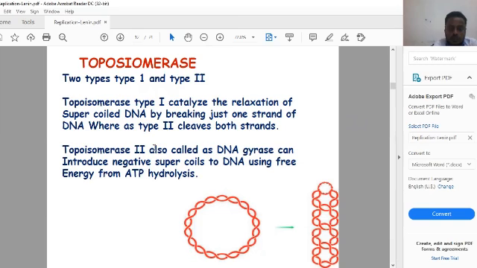Topoisomerase 2 is also called DNA gyrase. It can introduce negative supercoils into the DNA using free energy from ATP hydrolysis.